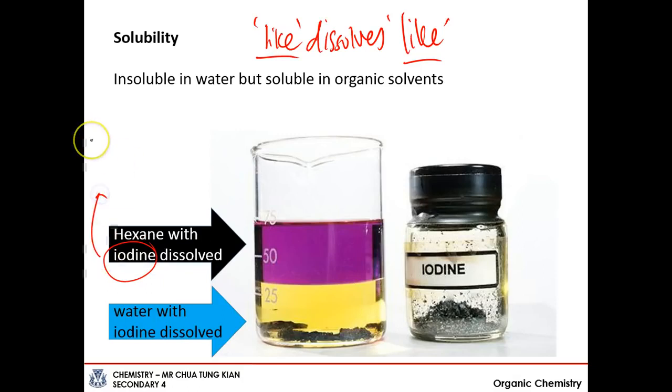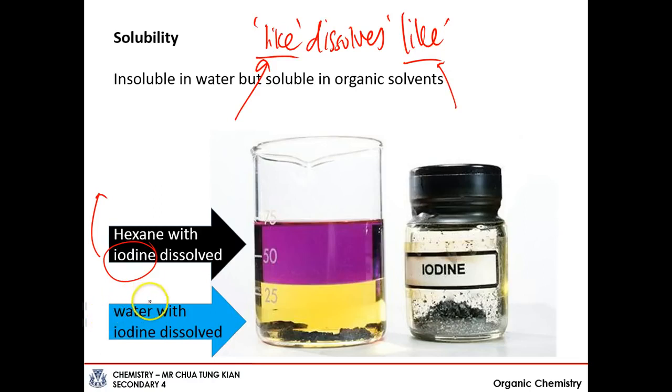Iodine is a non-metal. So non-metal, we can say this is a like as well. So non-metals dissolve very well in organic solvents. Like dissolves like. Water cannot really dissolve iodine.